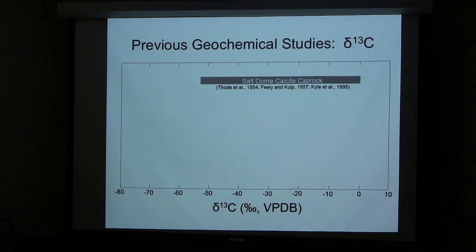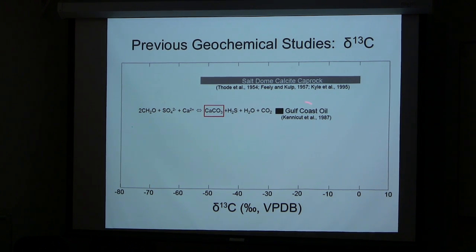Past research has supported that the salt dome calcite caprock carbon isotope value is very variable. So you can see here it ranges from about near neutral all the way down to -55 per mil. And it was first proposed that the carbon source for this caprock came solely from Gulf Coast crude oil. And crude oil, as well as organic matter in general, can promote the precipitation of this carbonate through the reduction of sulfate.